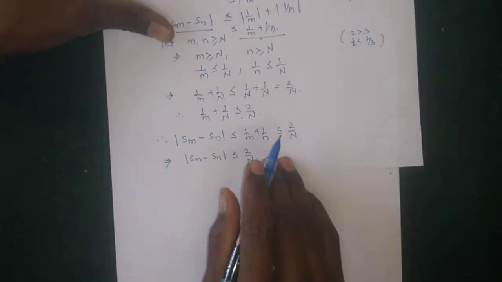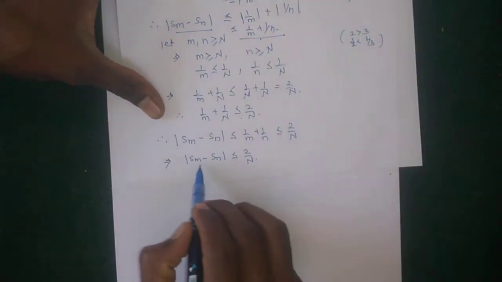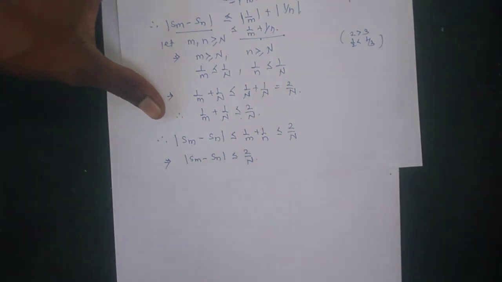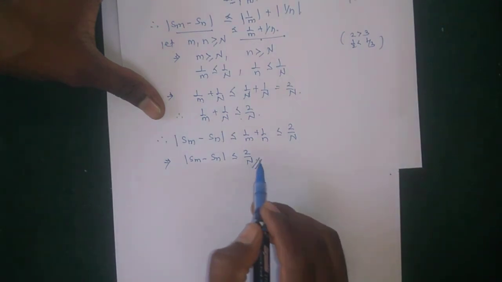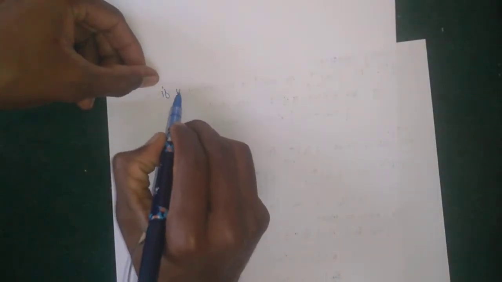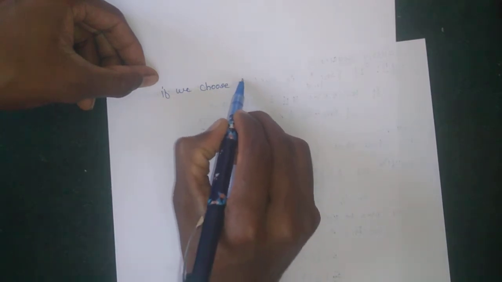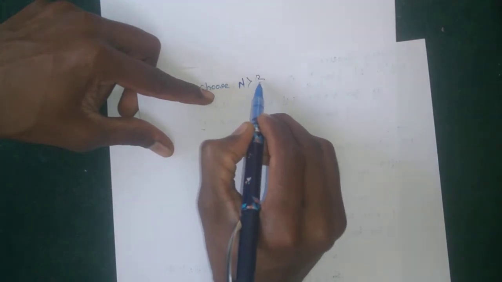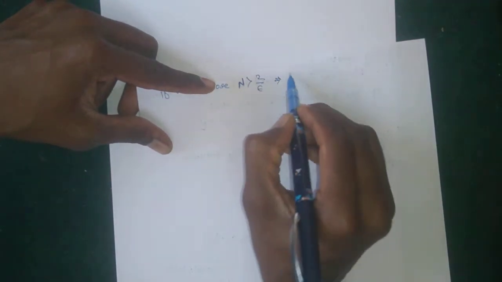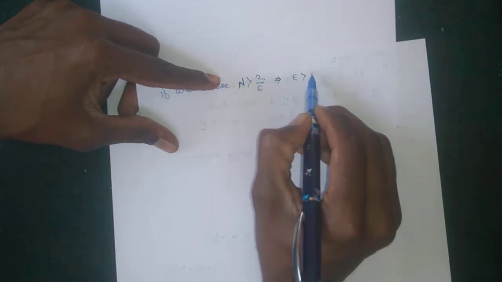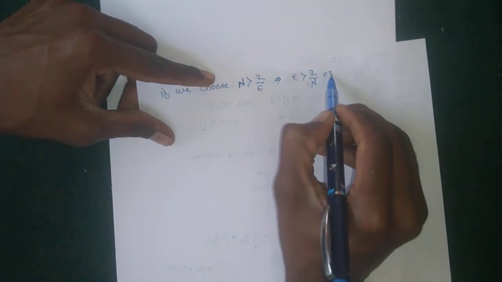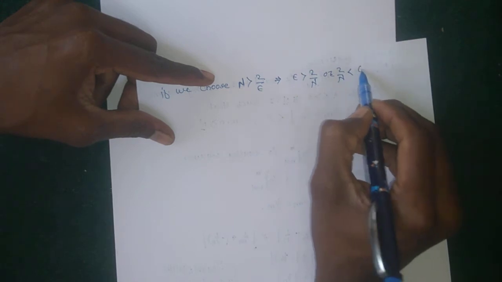But we have to show that the given sequence is Cauchy, that is, the distance between the m-th term and the n-th term is less than epsilon. So if we choose N strictly greater than 2/epsilon, then epsilon is strictly greater than 2/N, or 2/N is strictly less than epsilon.